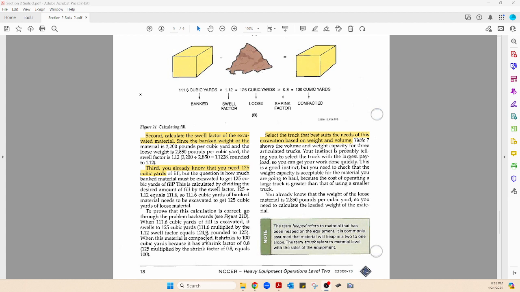When this material is compacted, it shrinks to 100 cubic yards because it has a shrink factor of 0.8. And 125 multiplied by that shrink factor equals 100. So you go backwards and forwards on this thing.